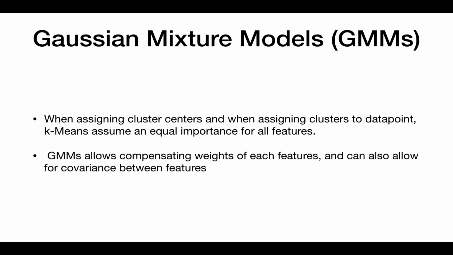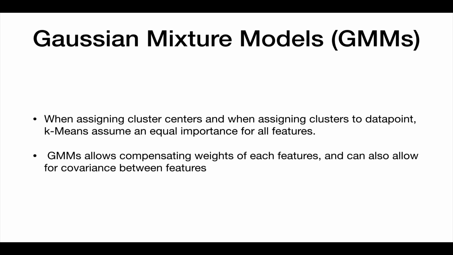The reason why this is somewhat more powerful than regular k-means clustering is that it allows us to weight the different features differently. K-means assumes that there is an equal distance in feature 1 and feature 2.